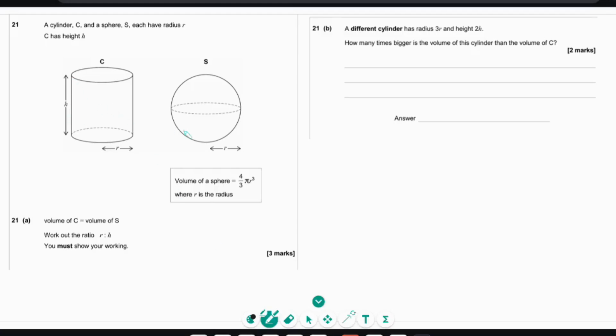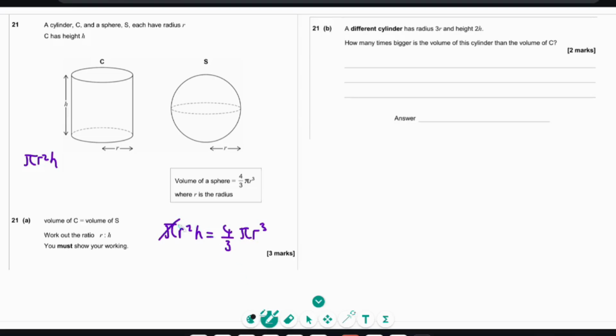Volume of our cylinder. Volume of a cylinder is pi r squared h, because it's the area of the circle times by the height. So we know pi r squared h is equal to 4 over 3 pi r cubed, because they have equal volumes. I'm just going to simplify this a bit.